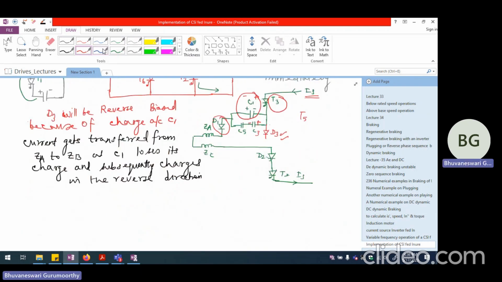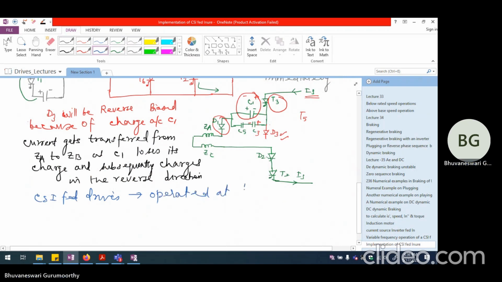So CSI fed drives are normally operated at low frequency, and they are generally operated with thyristors, so generally it will be for high power rated drives.